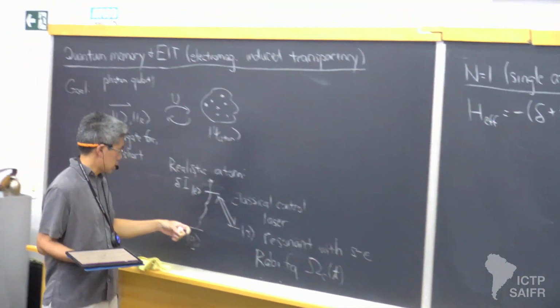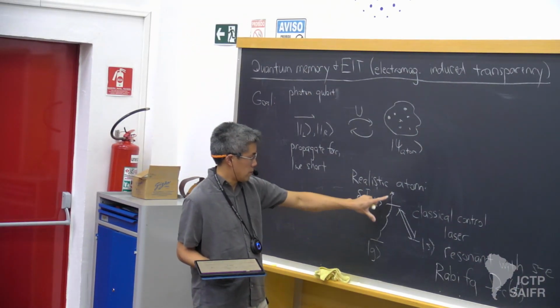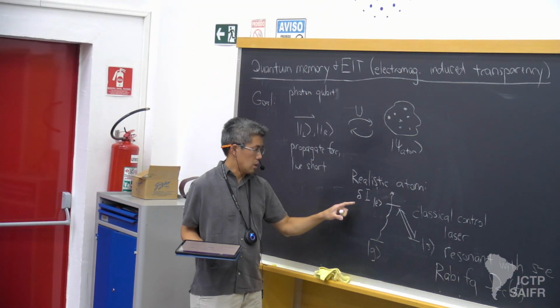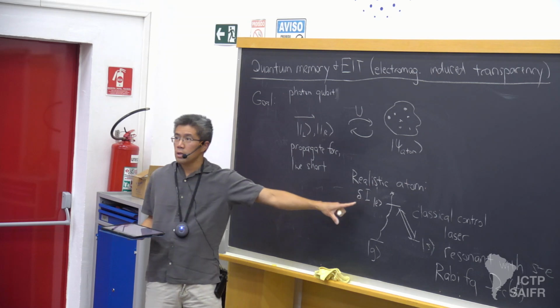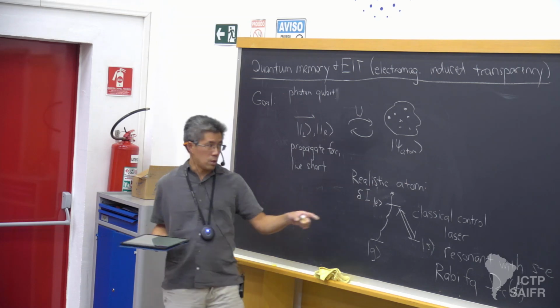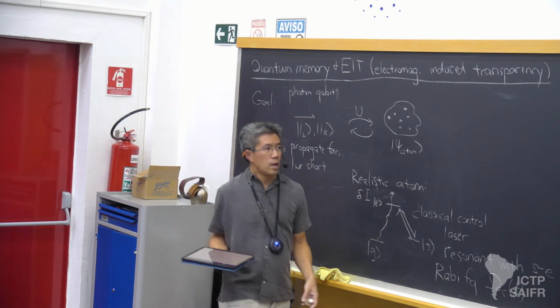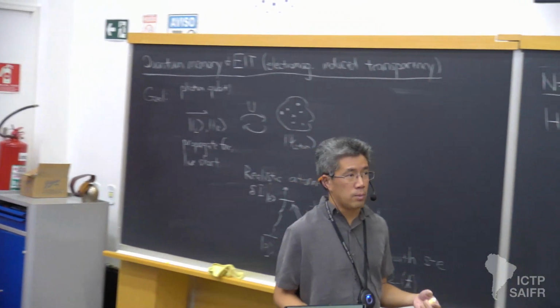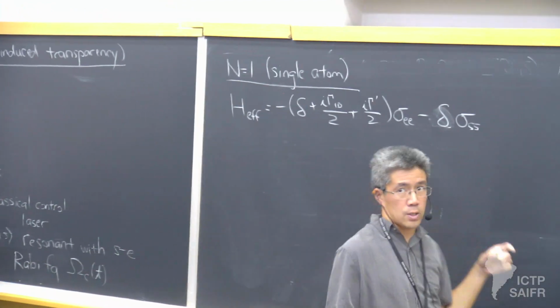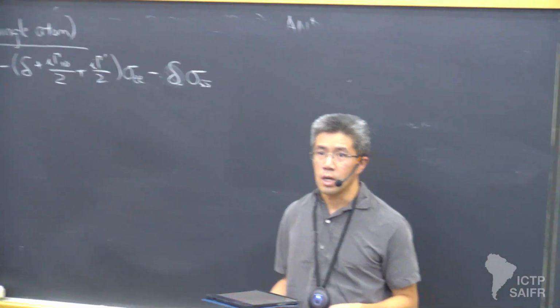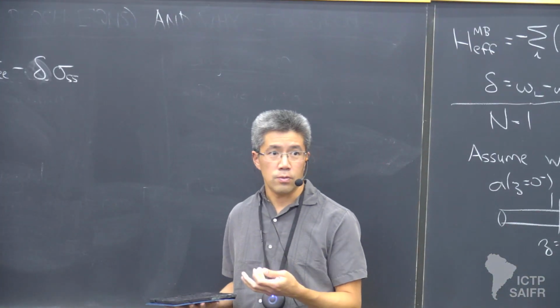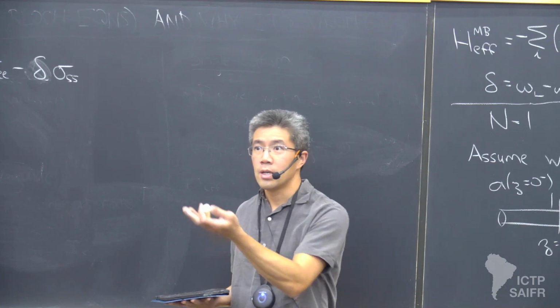I imagine shining in a photon of a given frequency, omega L, and I define this detuning delta, which is the difference between my laser or photon frequency and this transition here. Once I go into this rotating frame, the energy level of state S is going to change as well. It's just a global shift of what I'm calling zero energy.